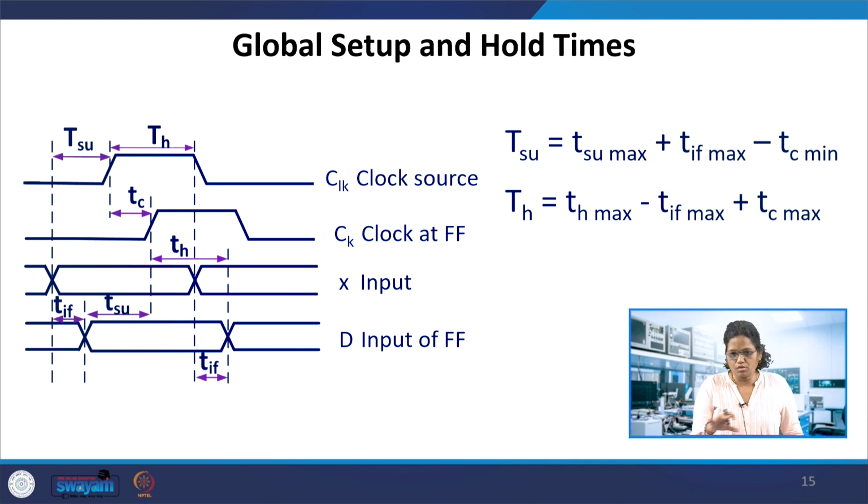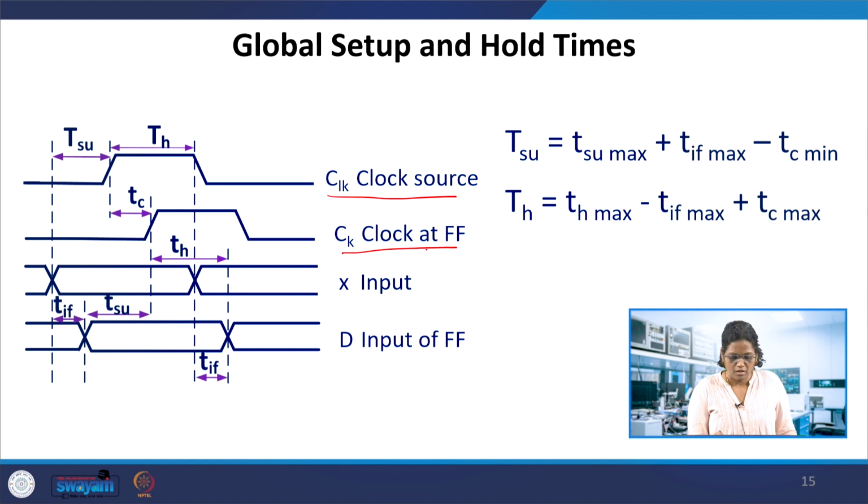So considering the whole synchronous circuit, in which there is a global setup time and hold time, where the clock is at the source. In synchronous sequential circuits, we have sequential elements like flip flops, latches, and combinational circuits as well. This is the clock at the source, and the same clock is given to the flip flops.